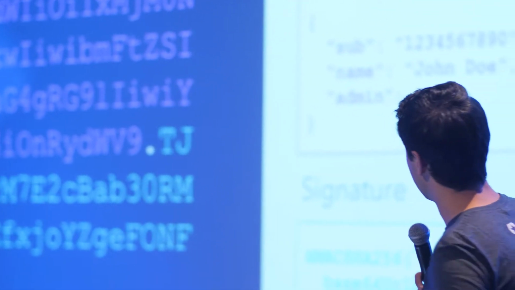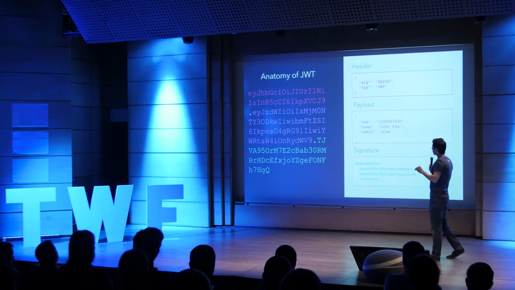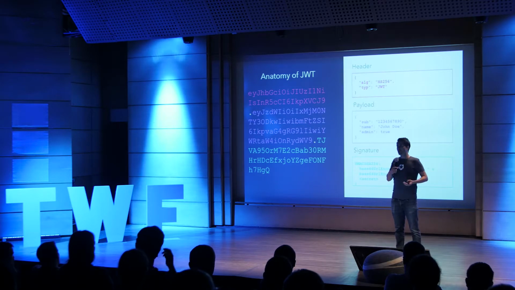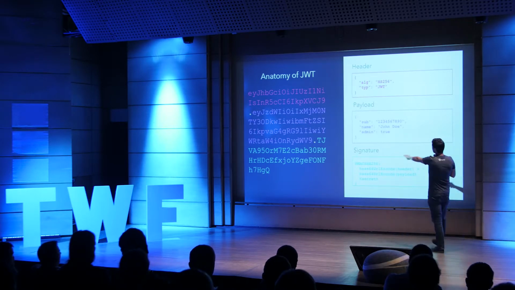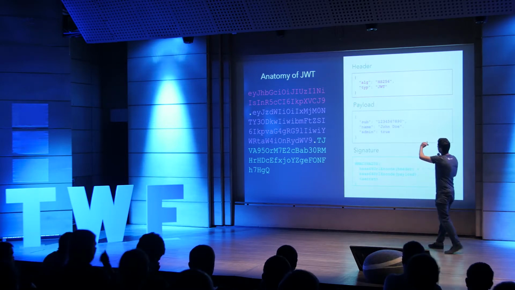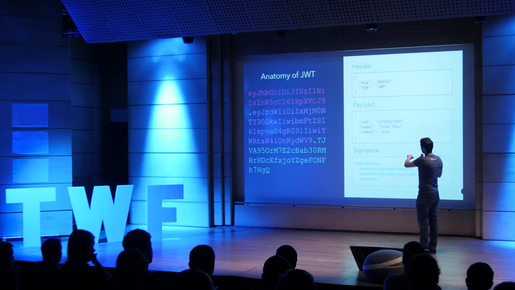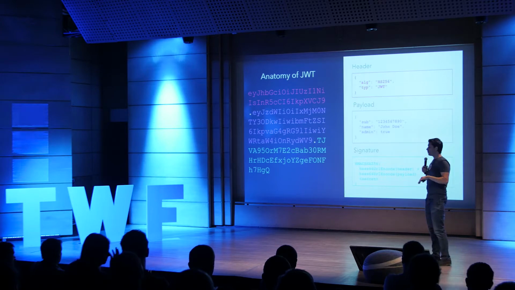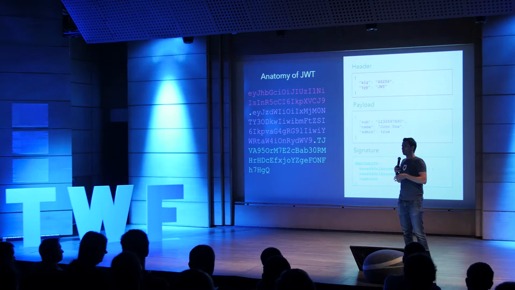The last part here is the signature. This is a very important part of the token, and it's what essentially ensures that it's secure. How you get to the signature, the last part here in blue, is you take the base64 encoded header along with the base64 encoded payload, and you run that through a hash along with a secret key. This secret key is meant for only the server to know about.